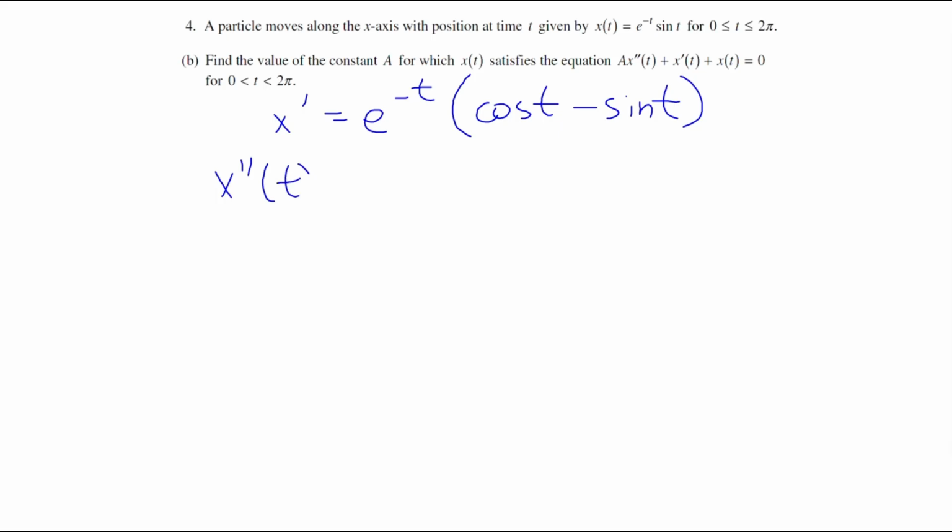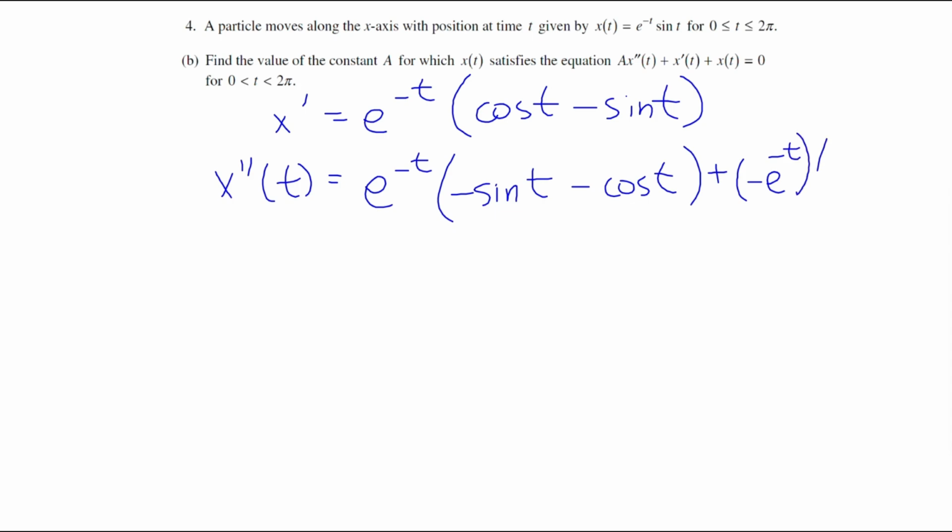So that'll be the derivative of this, which will be e to the negative t times the derivative of cosine minus sine. Well, the derivative of cosine is negative sine, and the derivative of negative sine is negative cosine. And then we'll add to that the derivative of e to the negative t, which is negative e to the negative t, times our cosine t minus sine t. And so we could simplify that a little bit by just factoring out the e to the negative t.